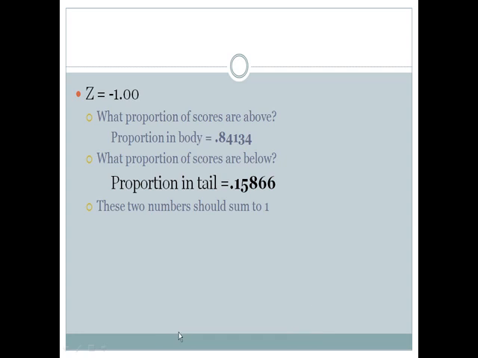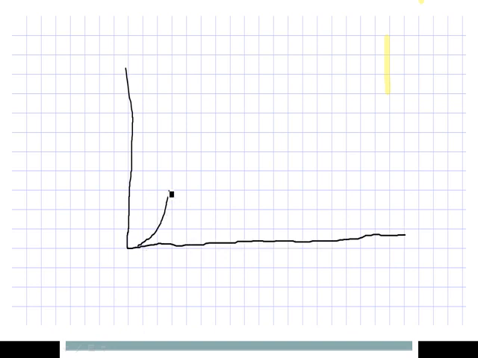Let's display that here. Let's say we have a very lumpy, but we're going to pretend this is a perfectly symmetrical normal distribution.